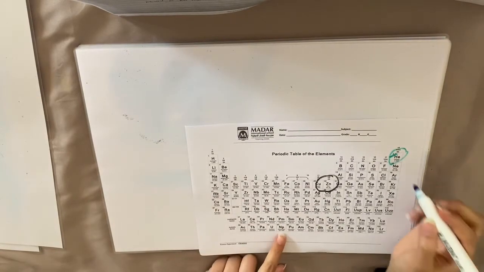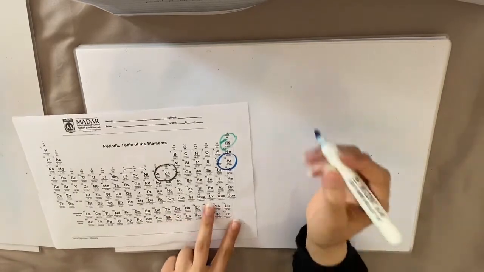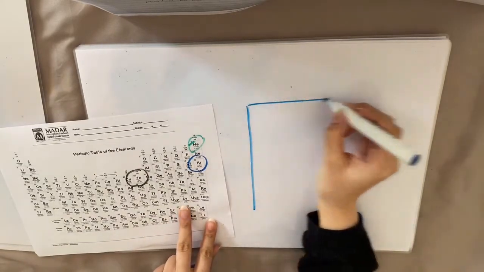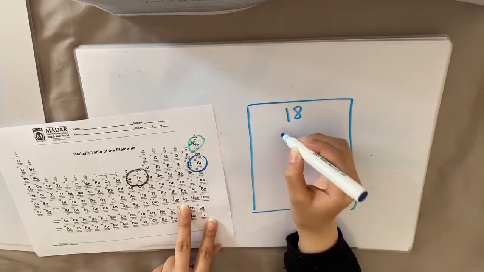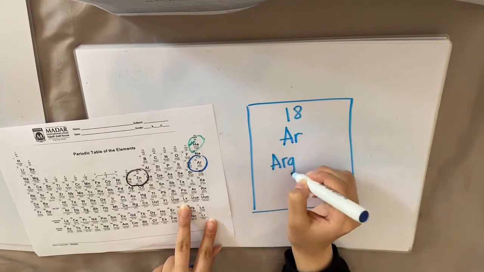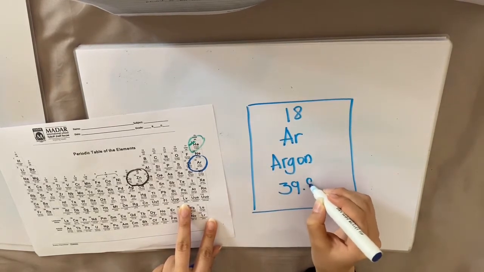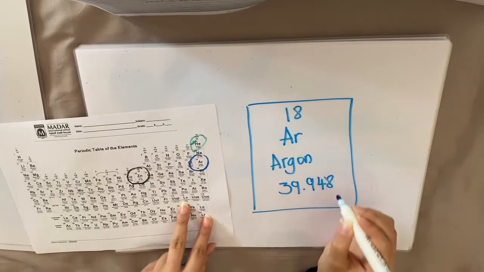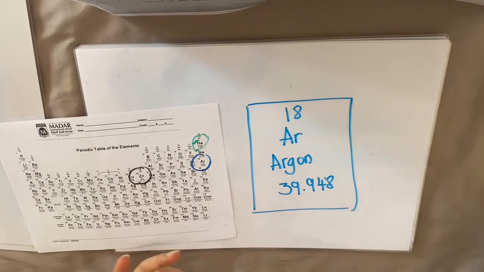Let's take, for example, argon. Argon, this is how it looks in the periodic table. The atomic number, the symbol, the name, and atomic mass, 39.948. So this is how you want to know what's going on.